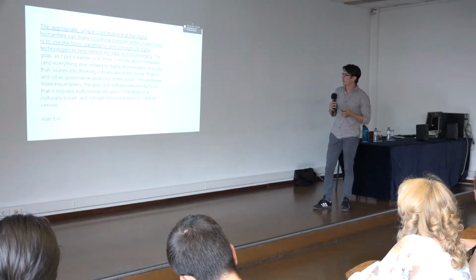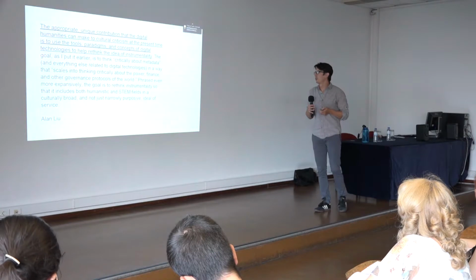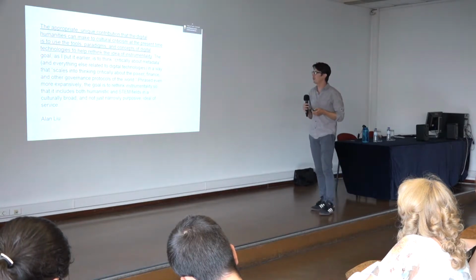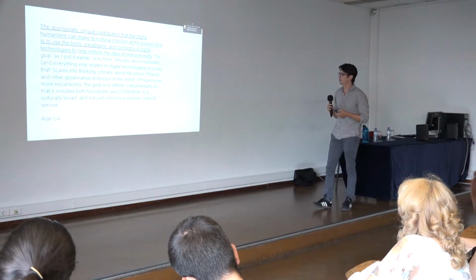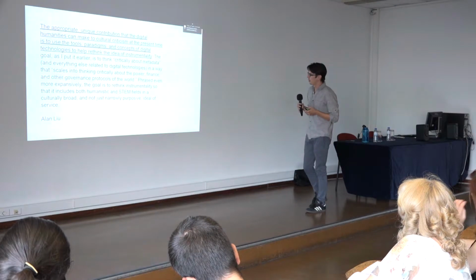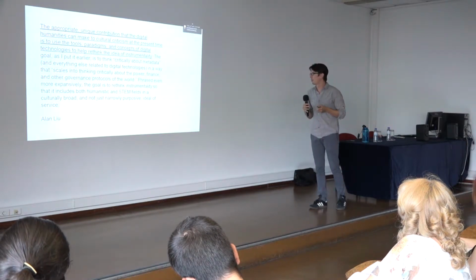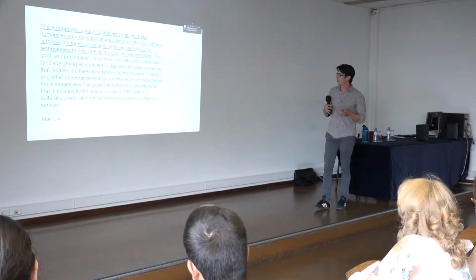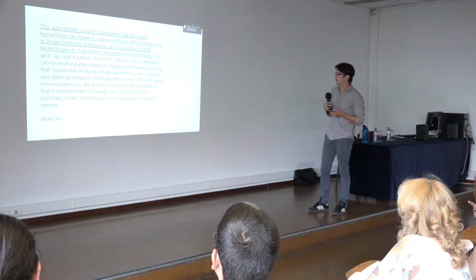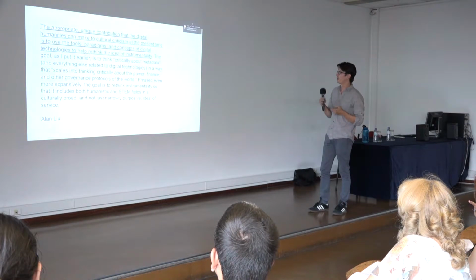He goes on, "The appropriate, unique contribution that the digital humanities can make to cultural criticism at the present time is to use the tools, paradigms, and concepts of digital technologies to help rethink the idea of instrumentality. The goal is to think critically about metadata and everything else related to digital technologies in a way that scales into thinking critically about the power, finance, and other governance protocols of the world.